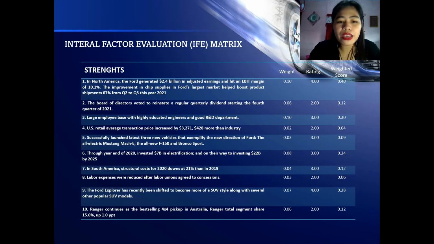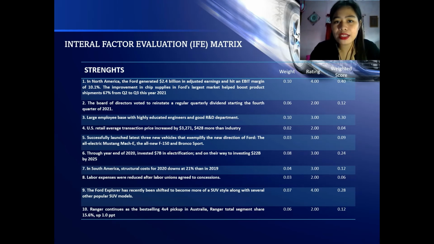So they are restructuring their car models, phasing out all other non-SUV vehicles except for the Mustang, and they are also planning to create an SUV version of the Mustang. So I assigned the weight as 0.7 and I rated it 4.